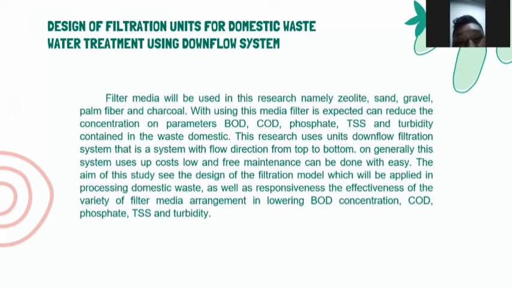Generally, the system has low cost and maintenance can be done easily. The aim of the study is to design the filtration model which will be applied in processing domestic waste, as well as to see the effectiveness of the variety of filter media arrangements in lowering BOD, COD, phosphate, TSS, and turbidity.